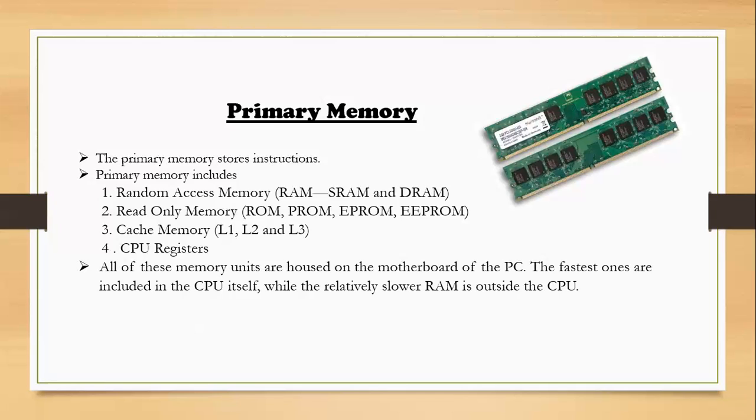Then come the processor registers. They are of two types: general purpose registers and special purpose registers. One of the special purpose registers, discussed in the previous slide, is the program counter, and the stack pointer is one more important one. The instruction register, IR, holds the instruction to be executed.